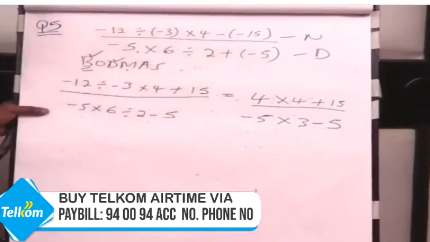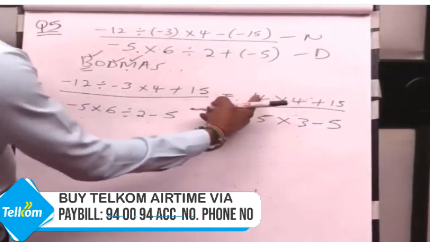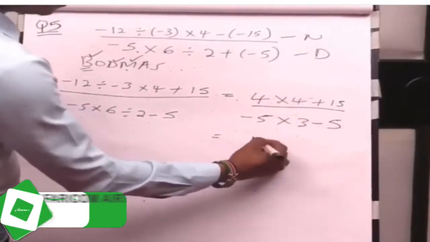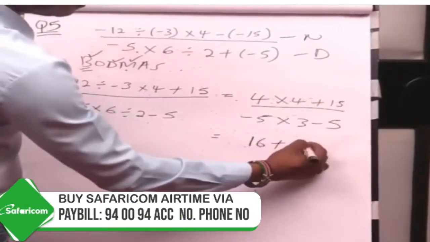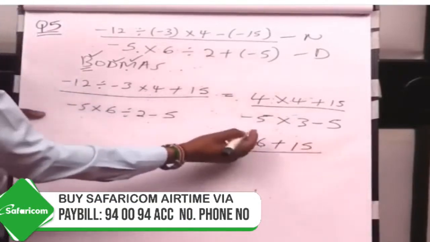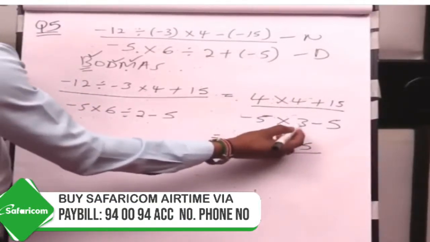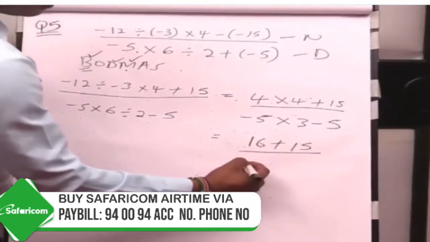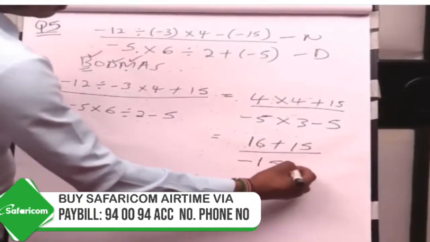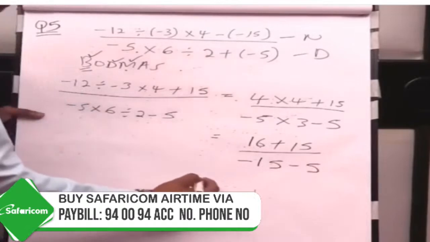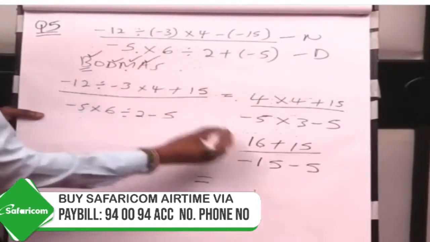Minus 5. Then after division, go to multiplication. Come down here. Multiply, 4 times 4 is 16. Then plus 15. Divide by minus 5 times 3 becomes minus 15. Then minus 5. Then addition.